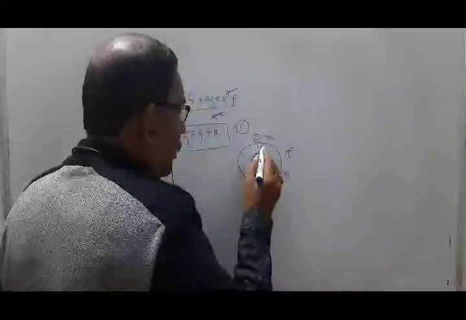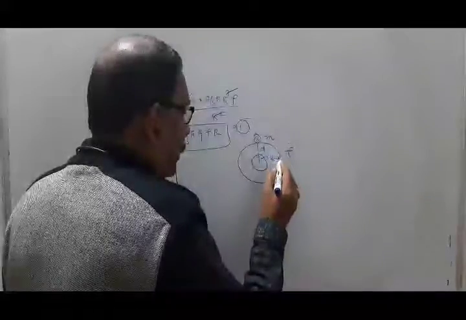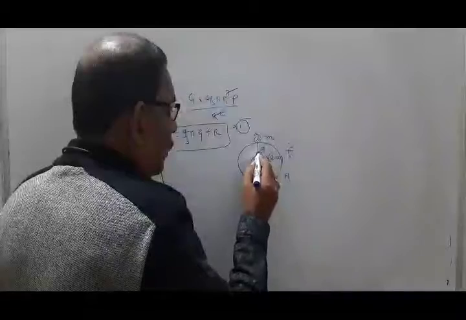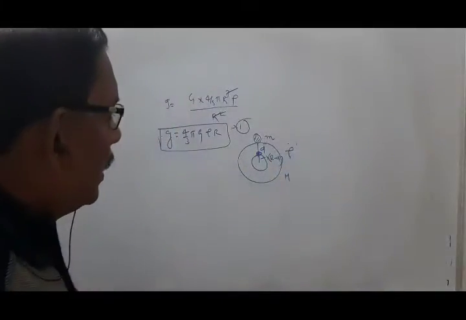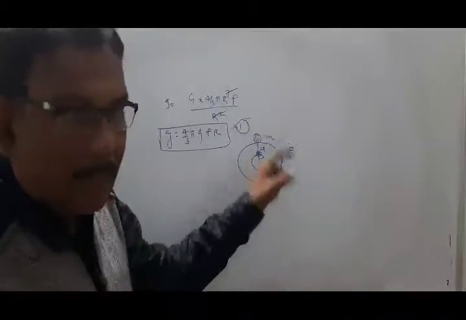Now when the body is taken to a depth d, the radius becomes R minus d. At this point the force of attraction is due to this radius R minus d and the mass M dash.